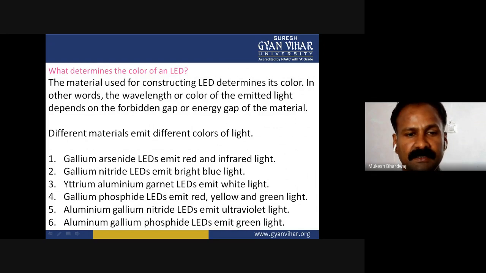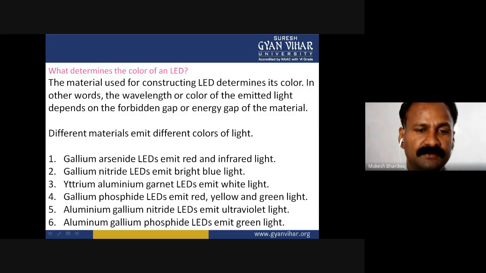Gallium arsenide LED emits red and infrared light. Gallium nitride LEDs emit bright blue light. Yttrium aluminum garnet LEDs emit white light. Gallium phosphide LEDs emit red, yellow, and green light. Aluminum gallium nitride LEDs emit ultraviolet light.